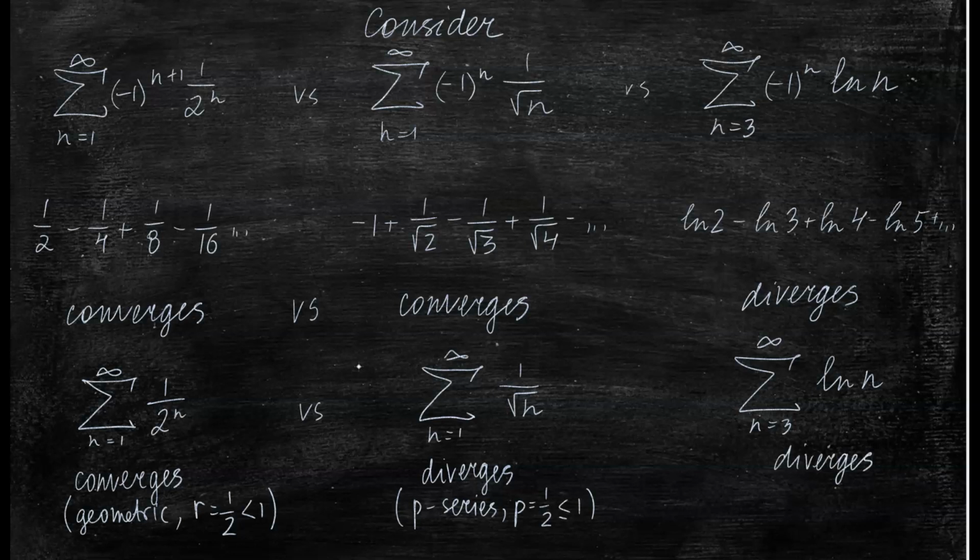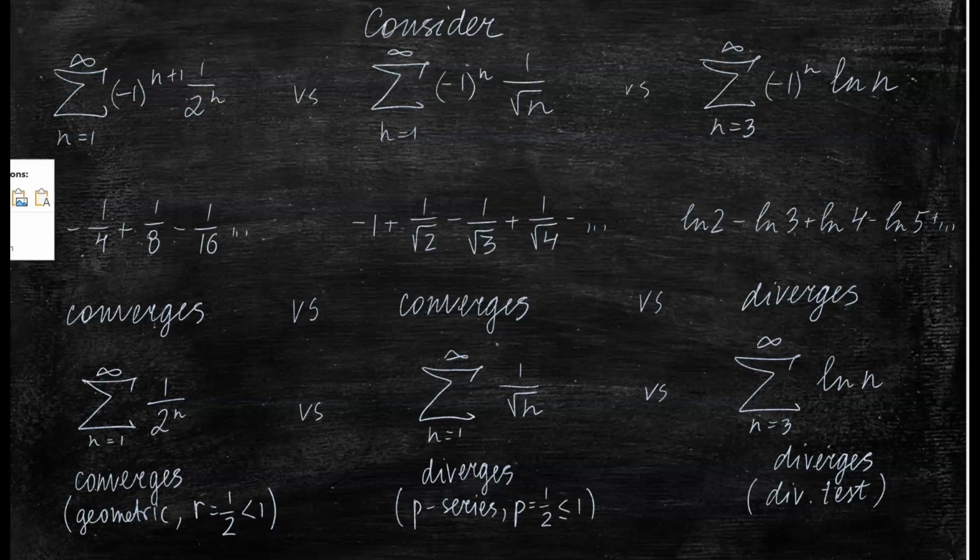So there's nothing interesting going on here at all. So the difference between the two converging alternating series is in the behavior of the series obtained by dropping the alternating factor.